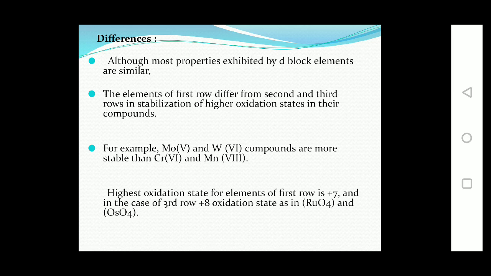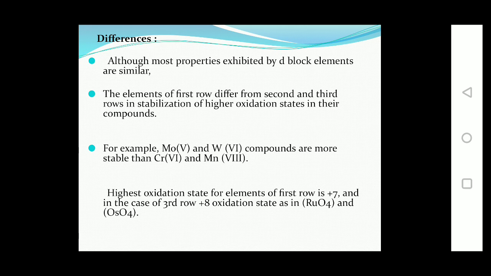One more difference is that the highest oxidation state of the elements of the first row is 7. We have seen manganese as shown. Manganese shows from +2 to +7. The highest oxidation state shown by the first transition series, in which manganese shows, is +7.